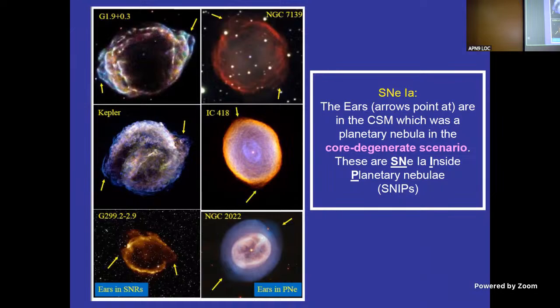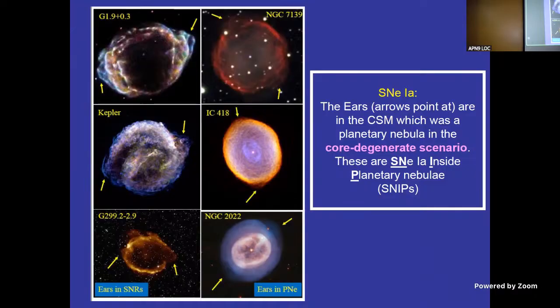So this is why I think the core degenerate is the only one that can explain all this. But I mean, there are 5 scenarios. Everybody loves his own scenario. So to be fair, this is my scenario, but I cannot tell you that this is accepted.